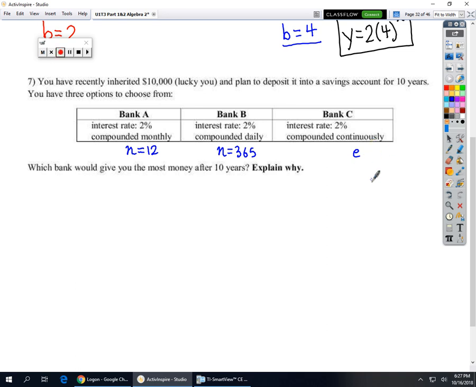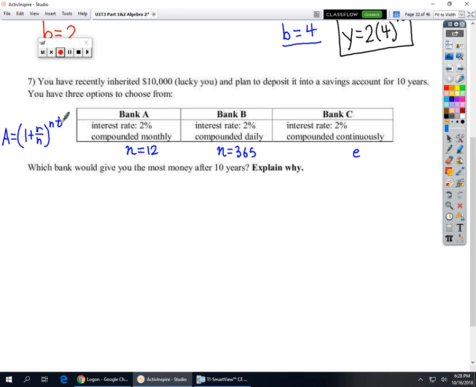So the compound interest formula is, let's write it over here: A equals (1 plus r over n) to the power of nt. You don't need to memorize this formula. All the formulas should be provided for you.